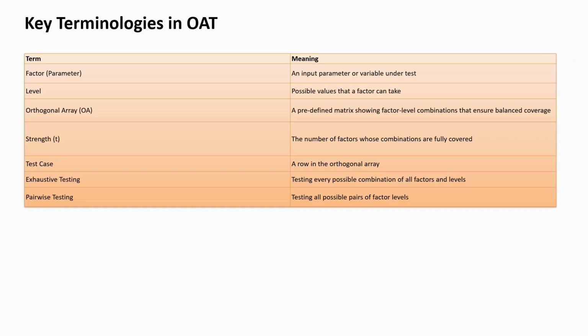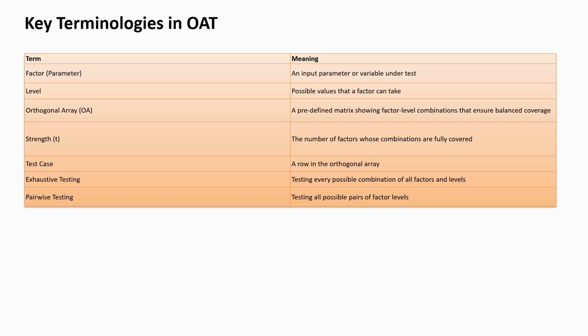That is t equal to 2. If t equals 3, that means all the three-way combinations are included. Chrome to Windows, Chrome to Mac, Chrome to Android, similarly Firefox to Windows, Firefox to Mac, and Firefox to Android. It covers all the combinations. So higher the strength increases the coverage, but it also requires a lot of test cases to test.